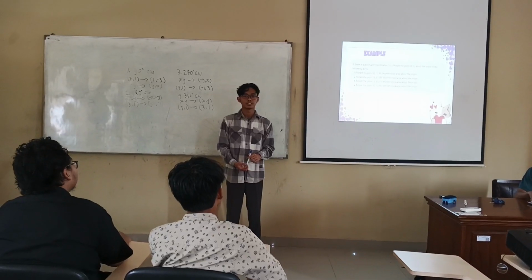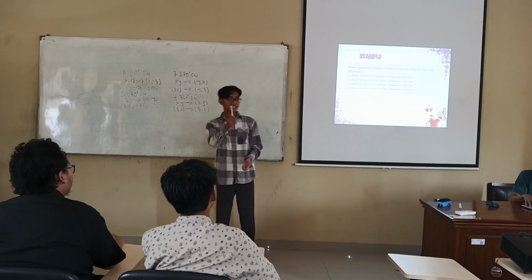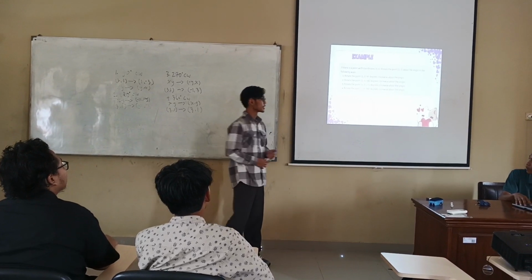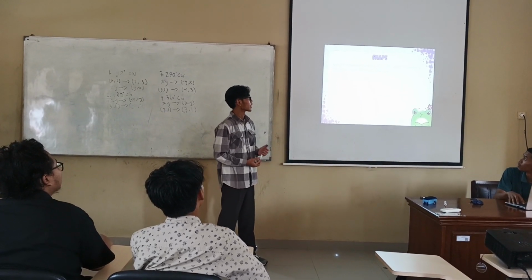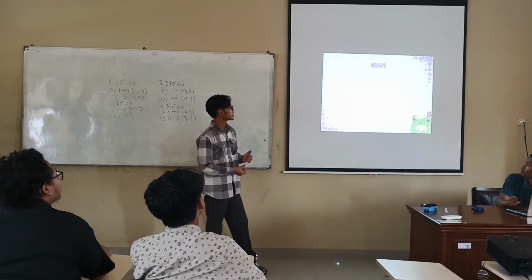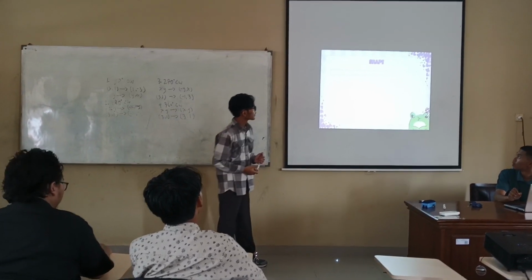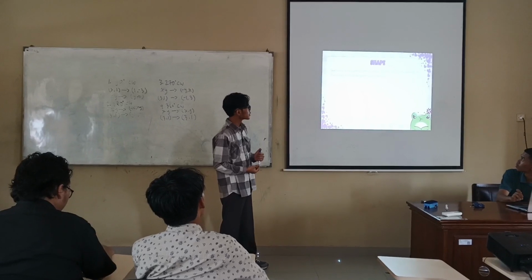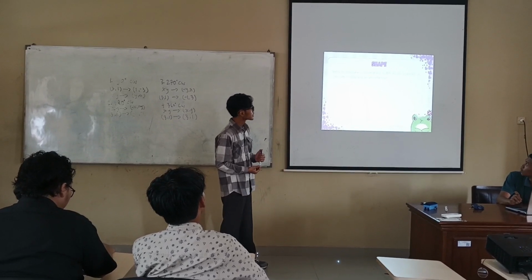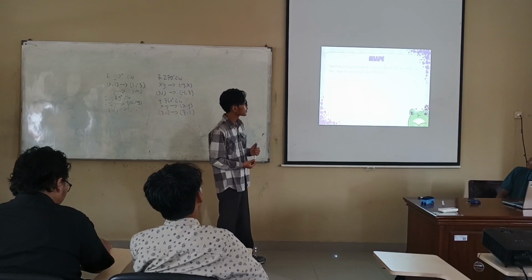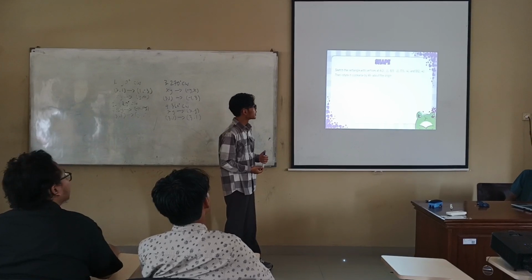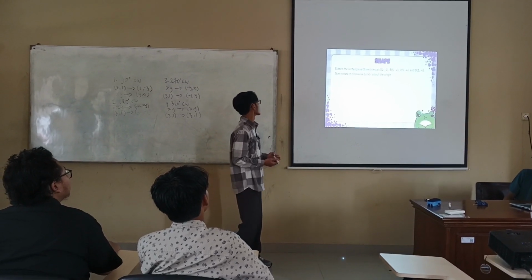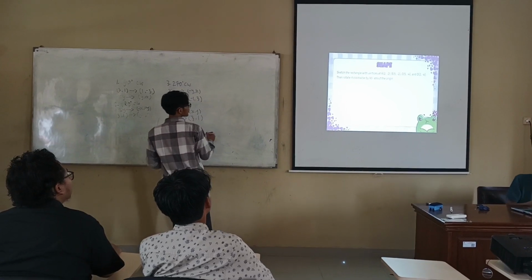How about the shape, Mr. Dicky? Okay, the shape is on the next page. Okay, shape. We have a question. Sketch the rectangle with vertices at A 2, minus 2, B 5, minus 2, C 5, minus 4, and D 2, minus 4. Then rotate it clockwise about the origin.